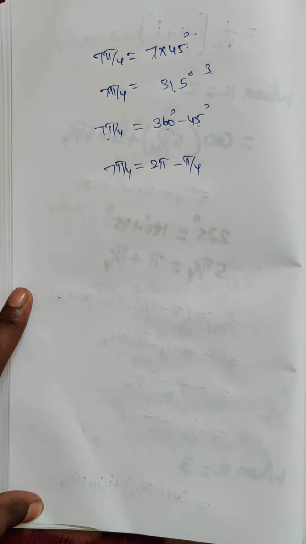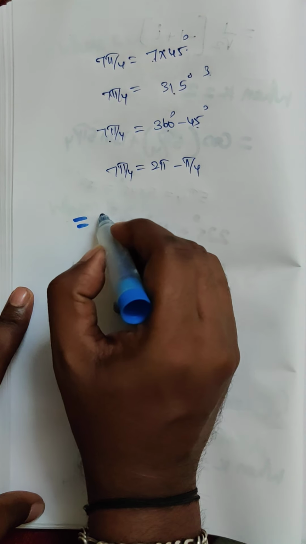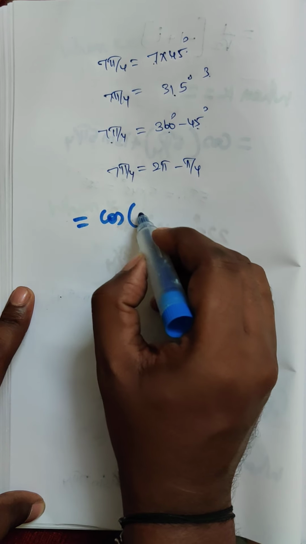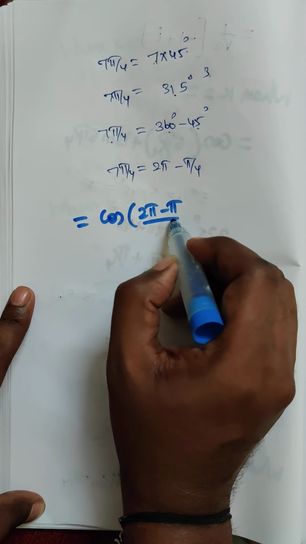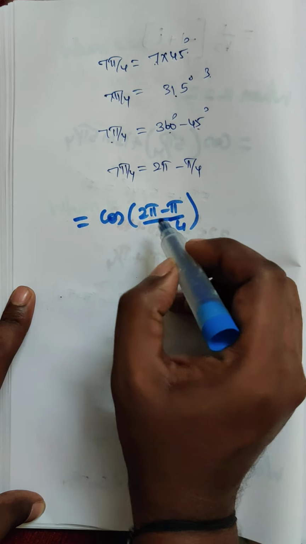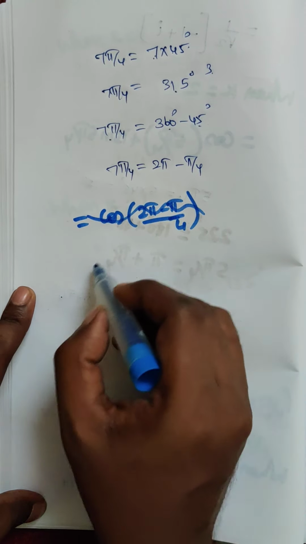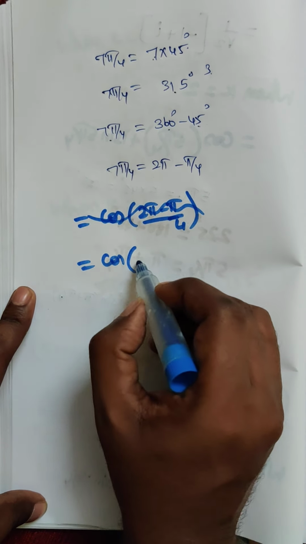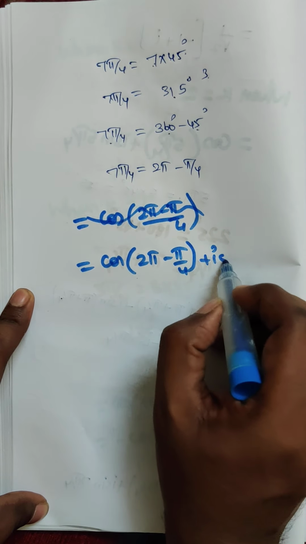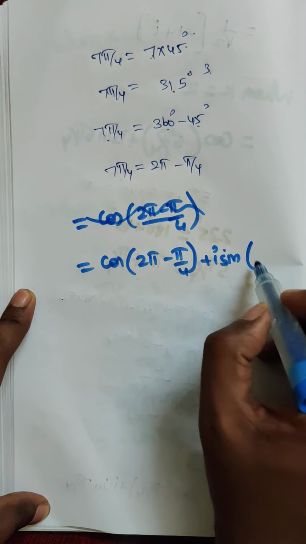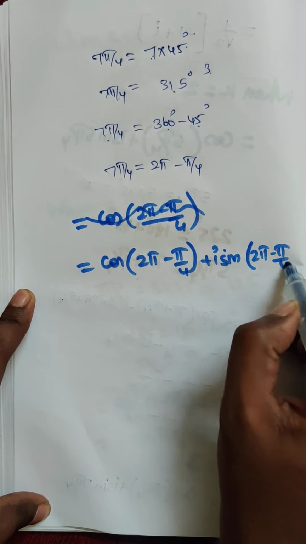So now I am going to change. So cos 7 pi by 4 we can write as cos of 2 pi minus pi by 4 plus i sin of 2 pi minus pi by 4.